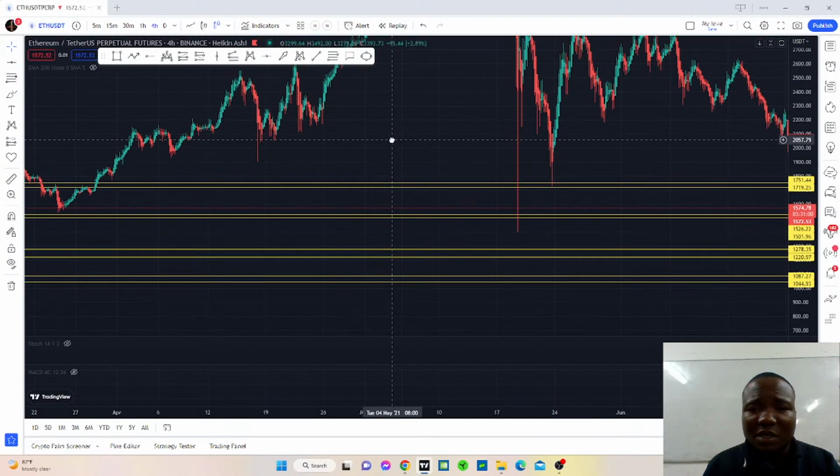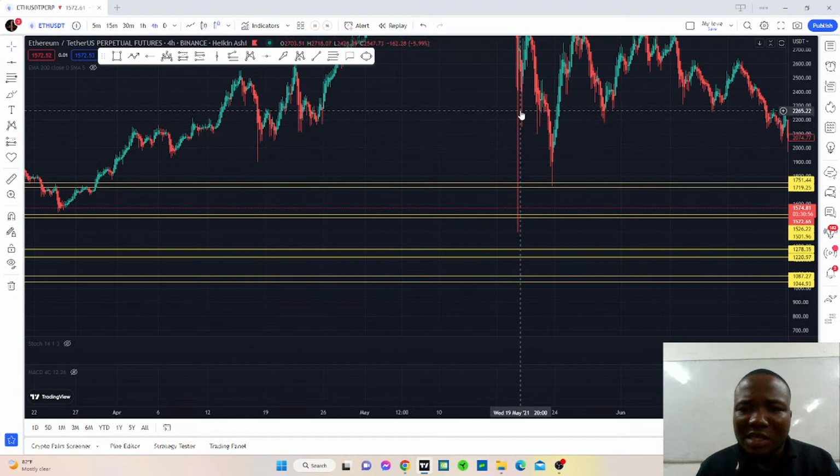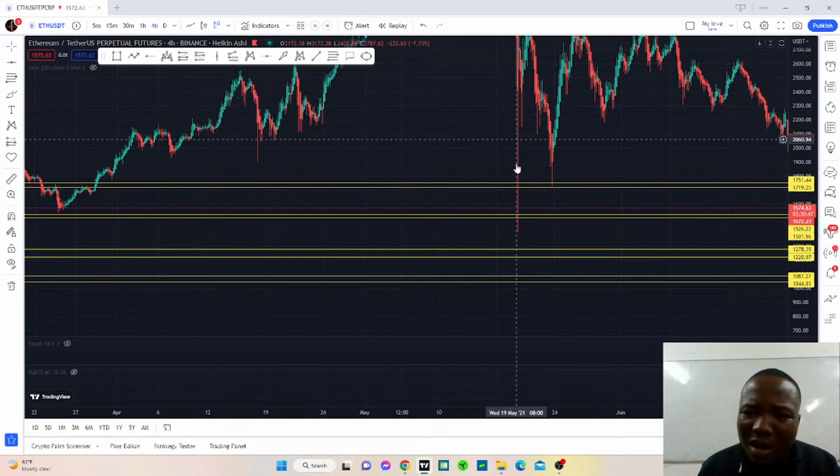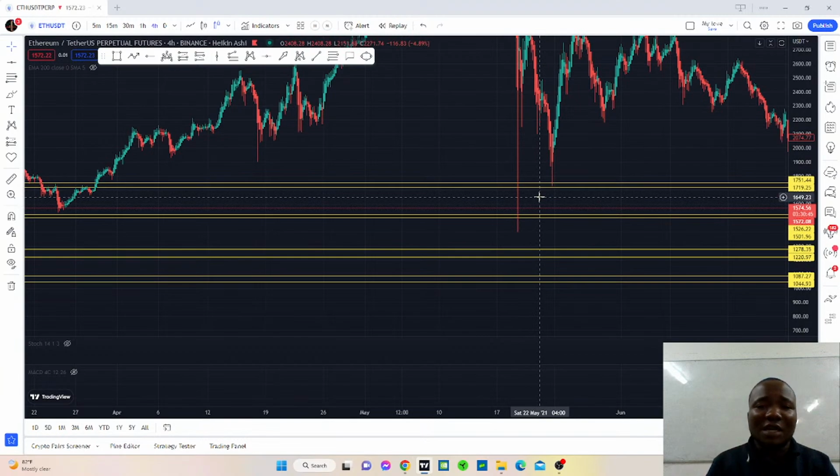Let me explain something. I will explain more in another video, but once you see the market break certain zones like this, break another zone, this is not a normal candle. Take note of that. There are people that manipulate the market sometimes. Your $10, your $1,000, your $1 million can't change the market, but some people put in billions of Ethereum.